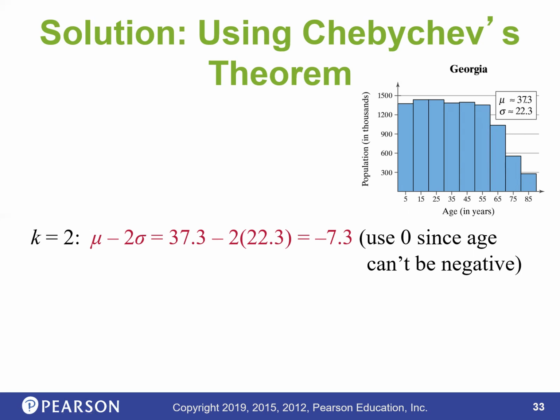Can you guys add this one now? So the average is 37.3. Can you guys add and give me that number? What is that number when you add 2 standard deviations up?